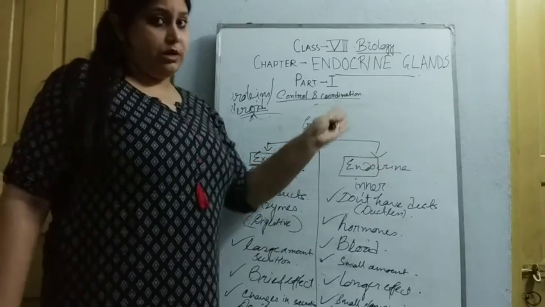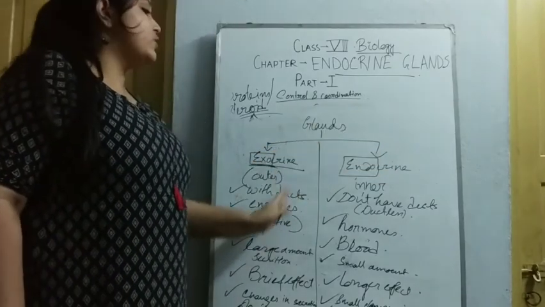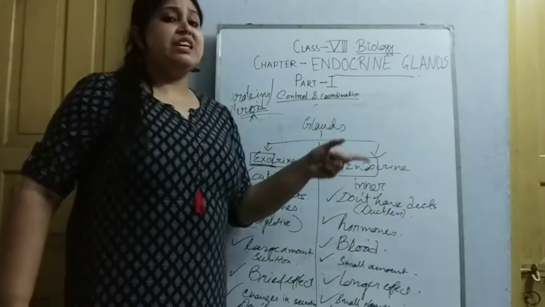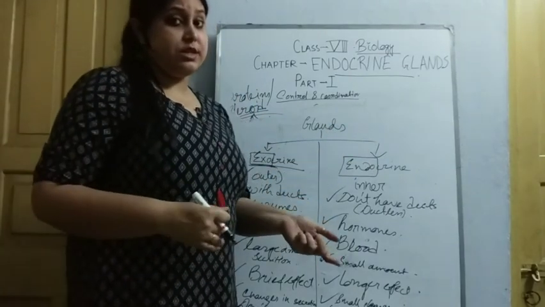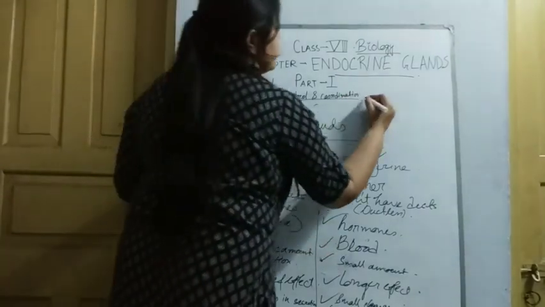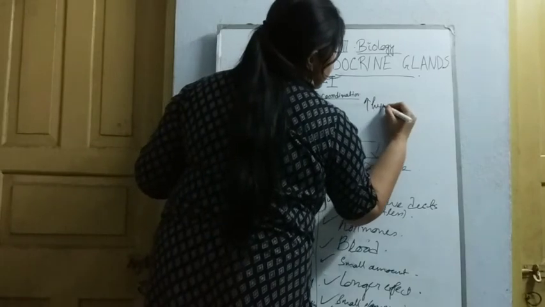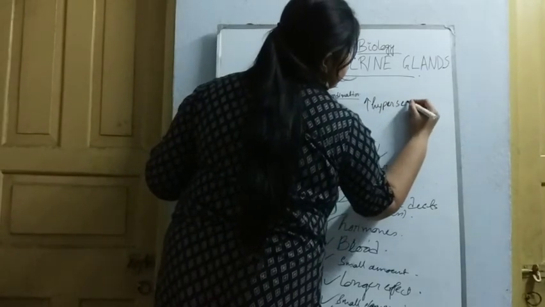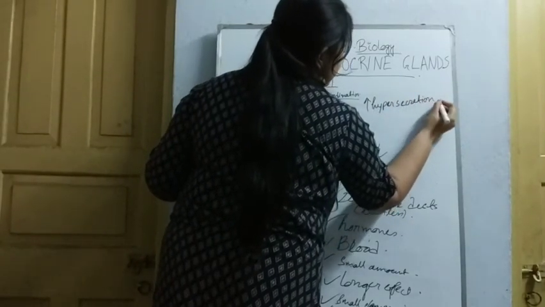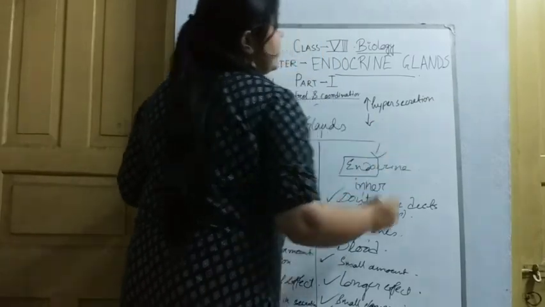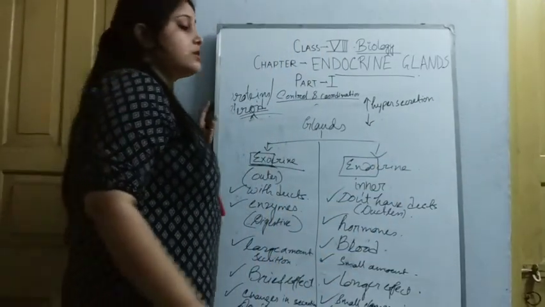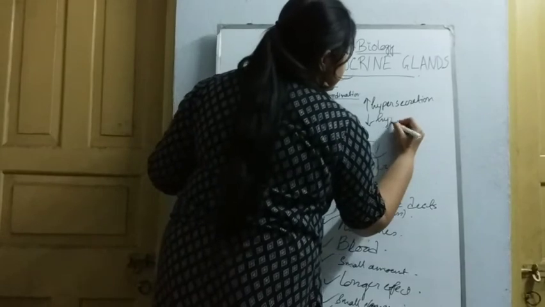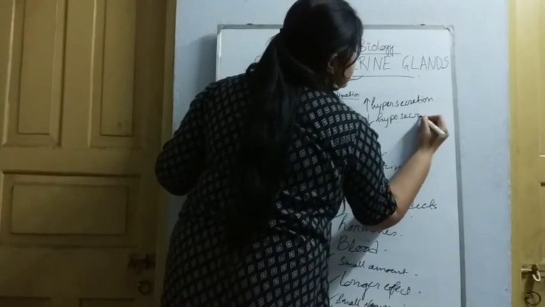I think you all understand the difference between the exocrine and endocrine glands. If there is any increase in the hormonal secretion, it is called hypersecretion. If there is a lesser amount of secretion of the hormones, it is called hyposecretion.